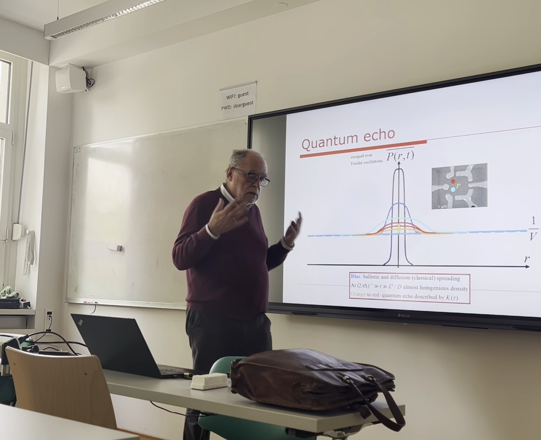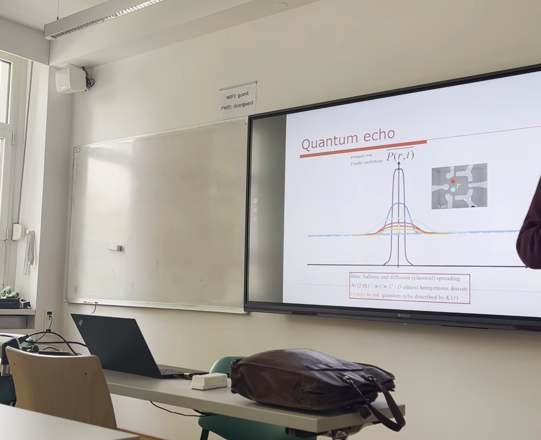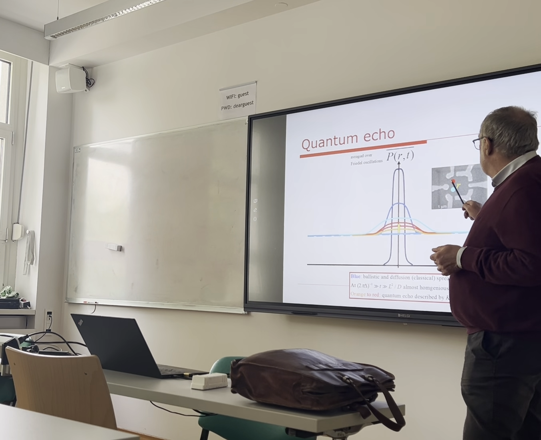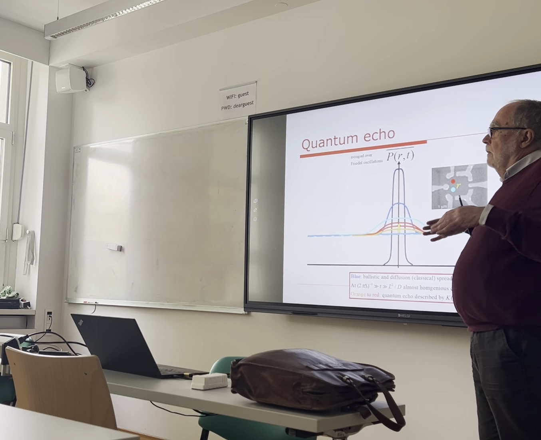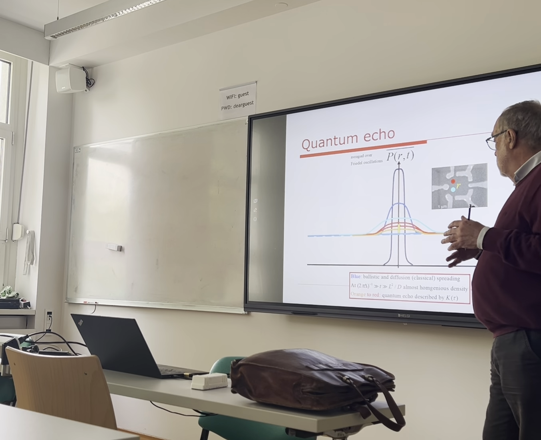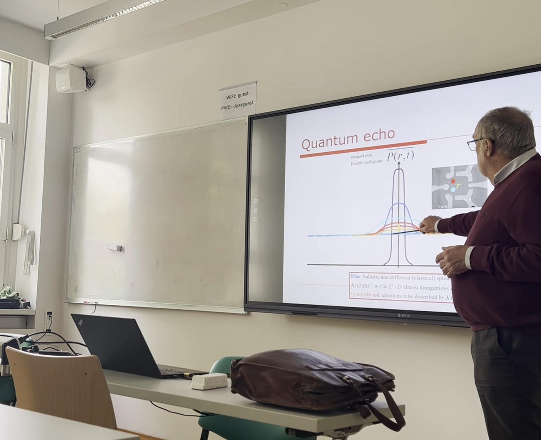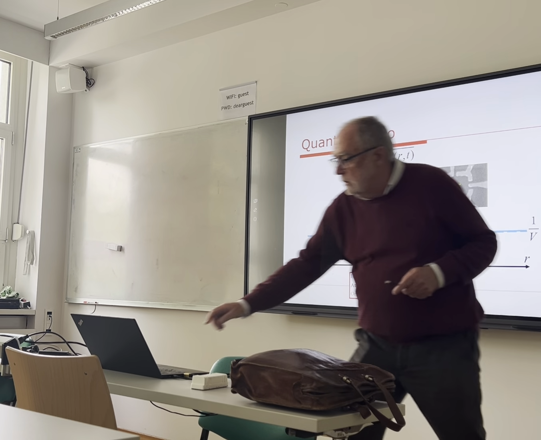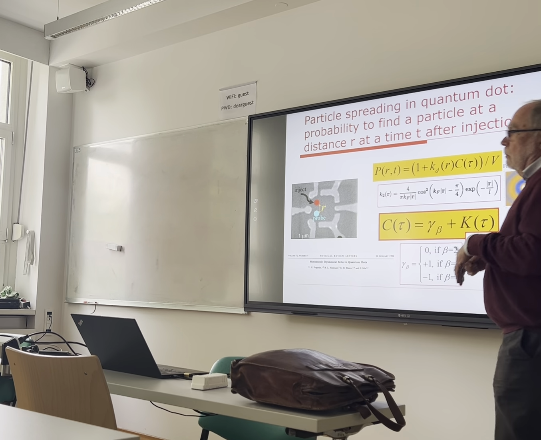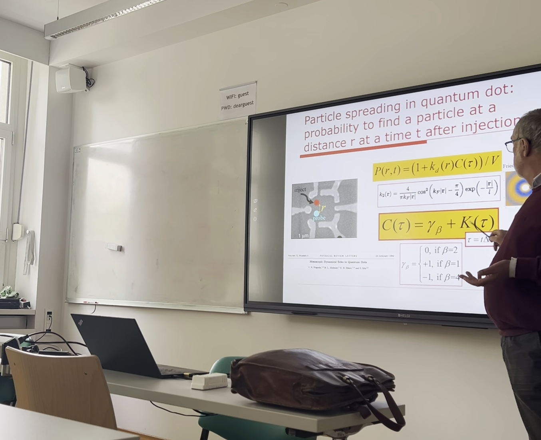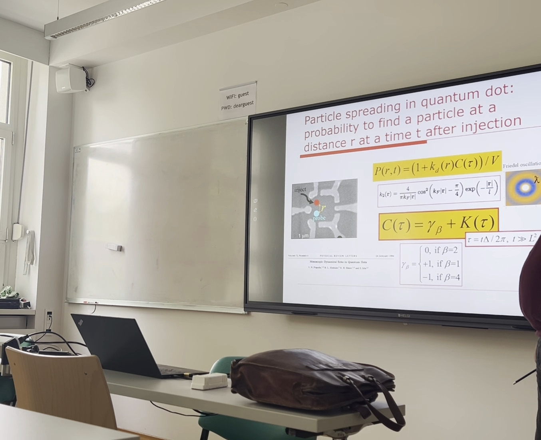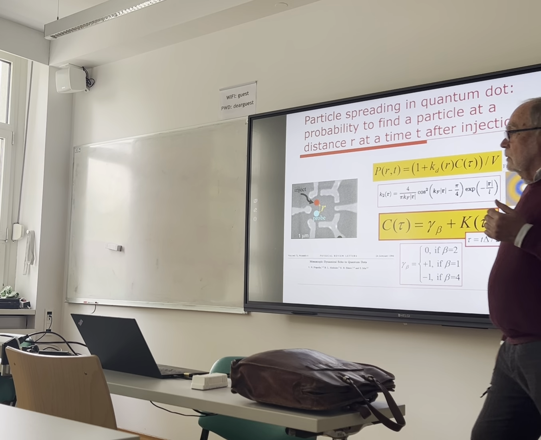The system remembers that it was created at a point R, at this red point, and therefore, as time increases beyond this value, the Friedel oscillations, which I have shown here, become bigger in amplitude, and this amplitude is set for the unitary ensemble by the spectral form factor.